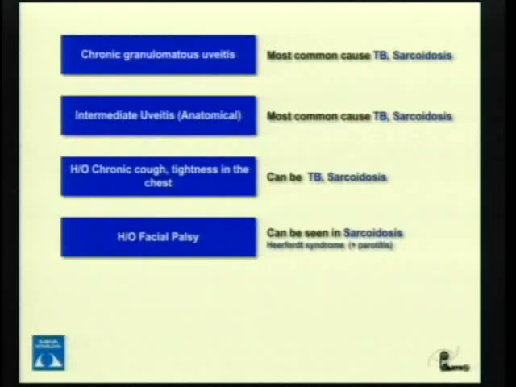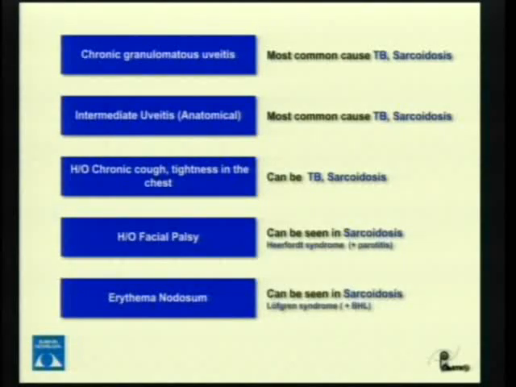Now, history of facial palsy is an important sign of sarcoidosis. If associated with parotitis, we call it Heerfordt syndrome. There is erythema nodosum. Though it's a non-specific finding, it can be seen in sarcoidosis, and if associated with bihilar lymphadenopathy, we call it Löfgren syndrome. So now what test will you advise?